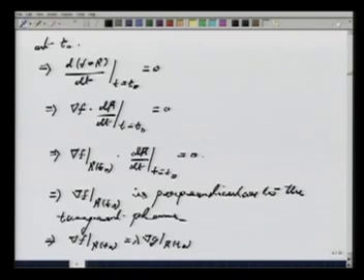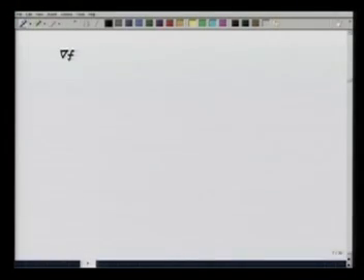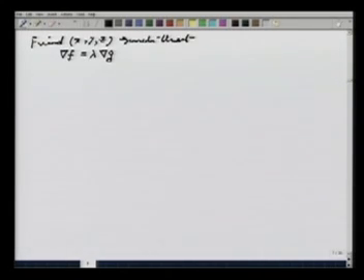So this gives me one idea of how to get the extremum points. What I do is I look at the equation grad f equal to lambda grad g. That means I find x, y, z such that number 1, grad f equal to lambda grad g, of course lambda is not equal to 0, and number 2, g of x, y, z equal to c.